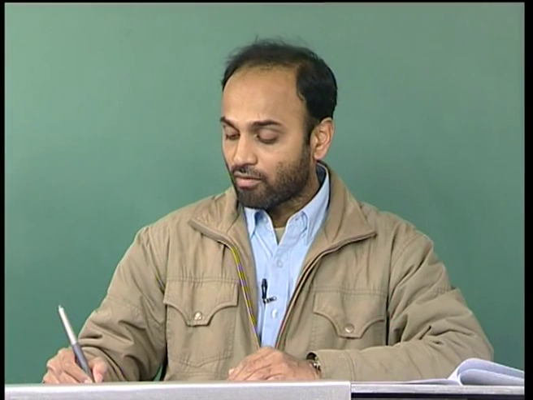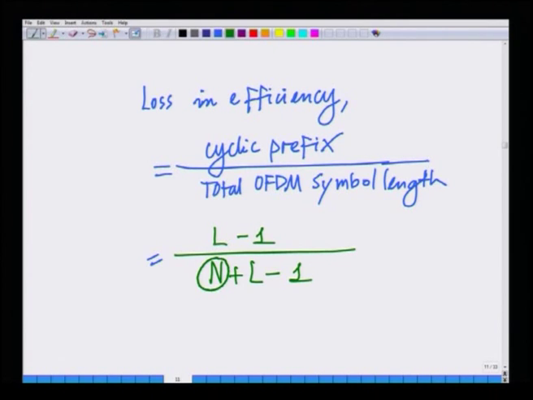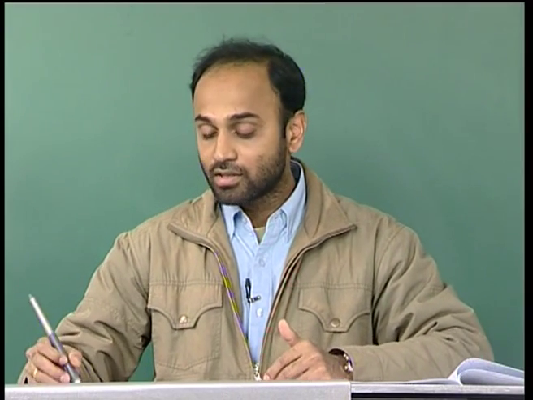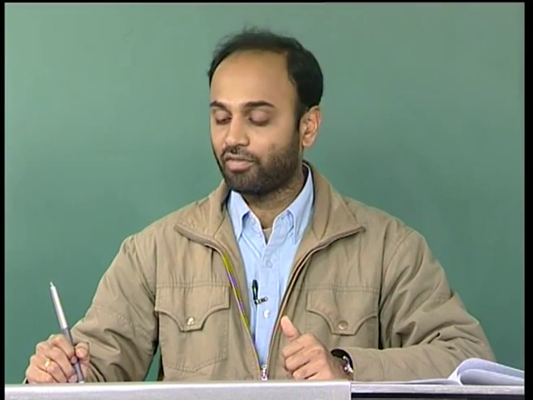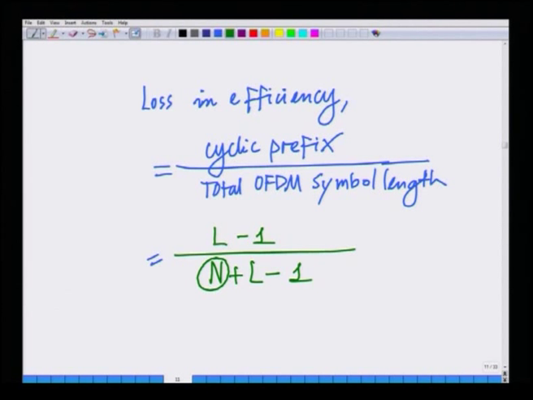Now, we can see we have one additional parameter in this, which is n, and we see as the number of subcarriers n increases. So, this is the loss in spectral efficiency because of addition of cyclic prefix, and we can see as n tends to infinity, L minus 1 by n plus L minus 1 tends to 0.